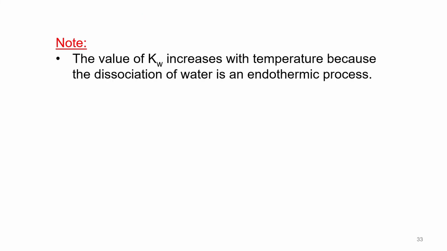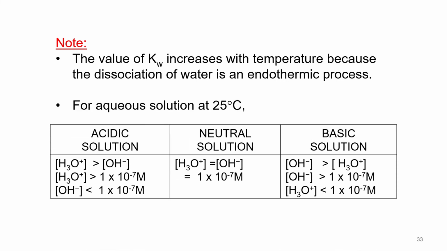Note that the value of Kw increases with temperature because the dissociation of water is an endothermic process. So for an aqueous solution at 25 degrees Celsius, for an acidic solution, the concentration of H3O plus must be greater than the concentration of OH minus. Yes, of course, because a higher concentration of H plus leads to an acidic solution.